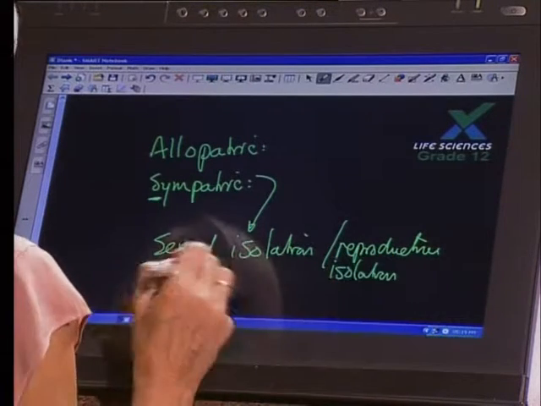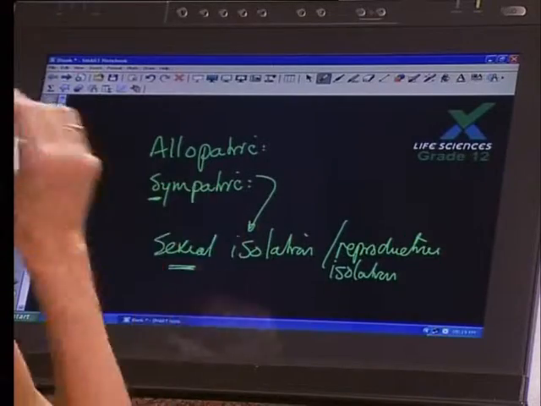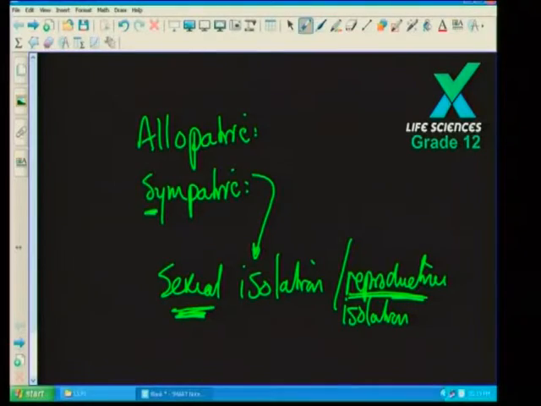In other words, sympatric speciation will result in the organisms not being able to mate. The first thing is that they are near each other, but the biggest thing with sympatric speciation is that there's reproductive or sexual isolation. They no longer want to breed with each other.